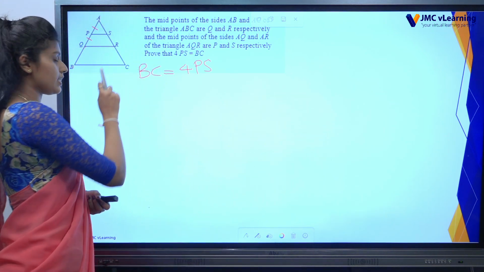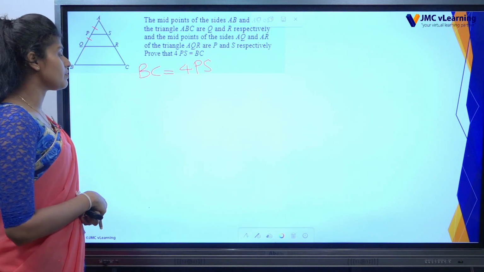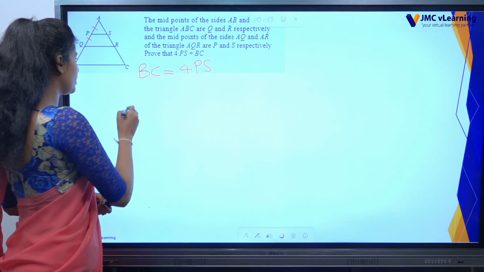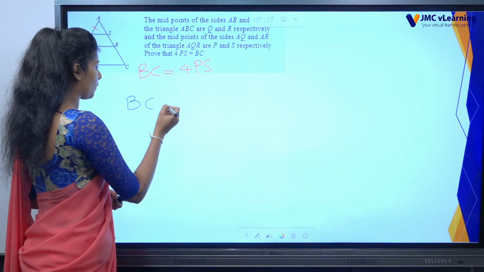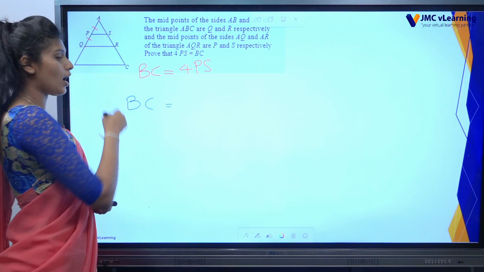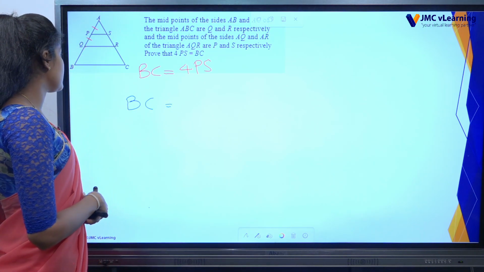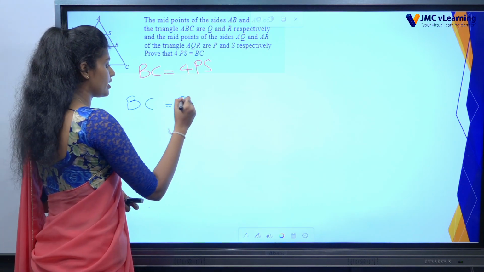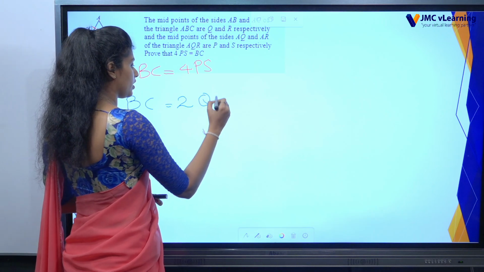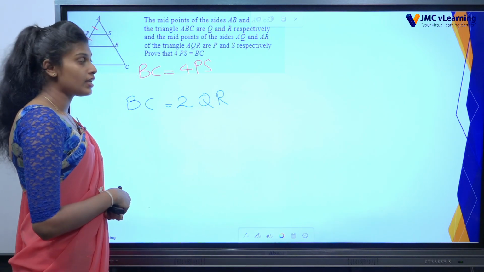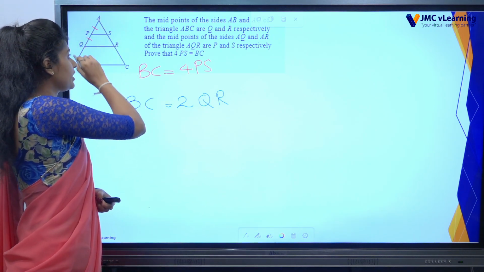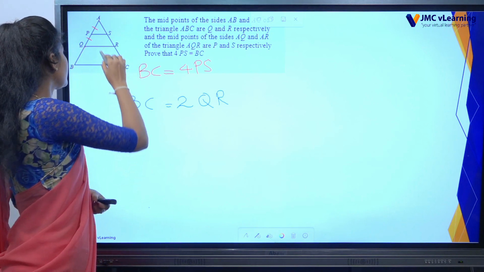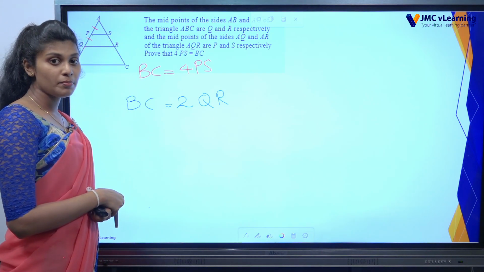Here BC, what is the meaning of BC? How can you write BC using QR? BC is 2 times QR. So we can write BC equals 2QR. Then when you consider the AQR triangle, here P and S are the midpoints.